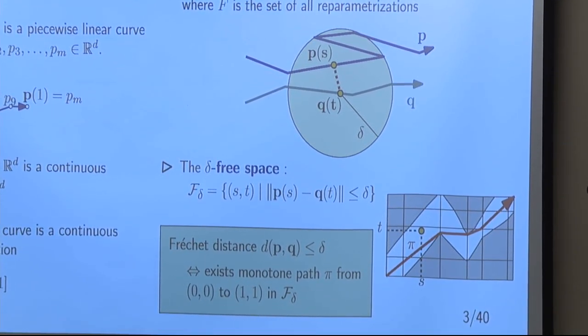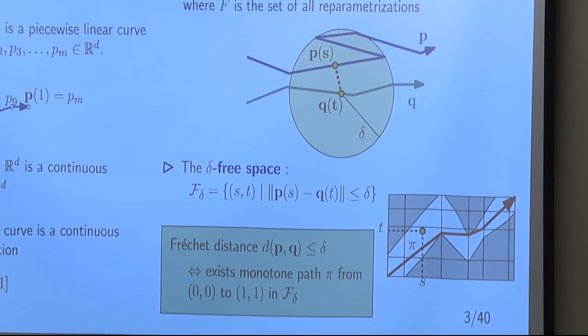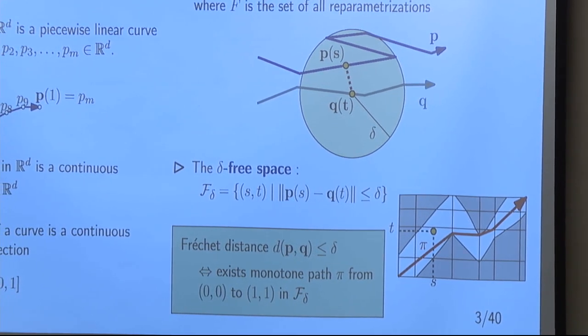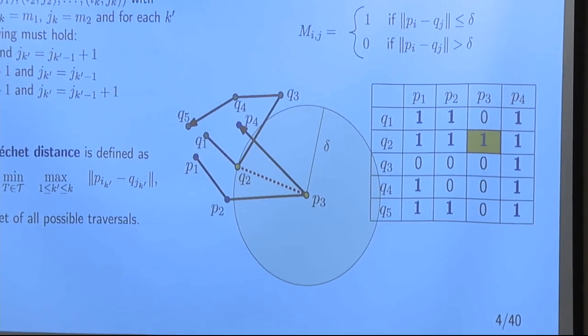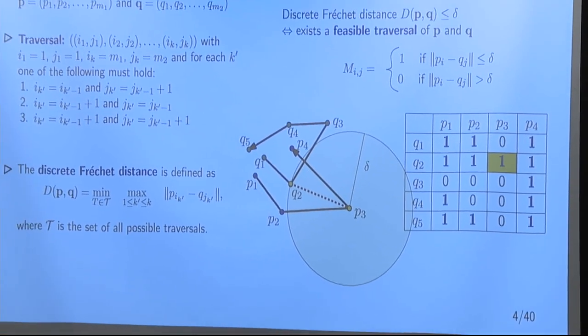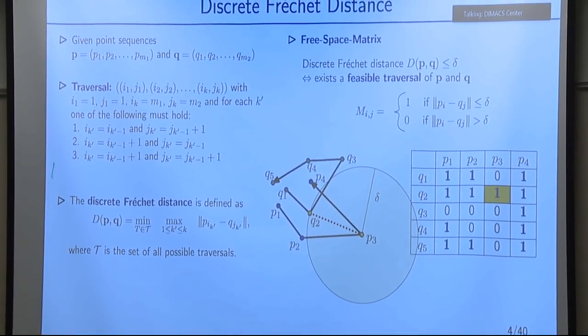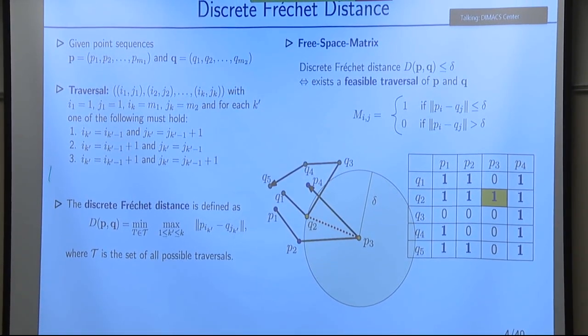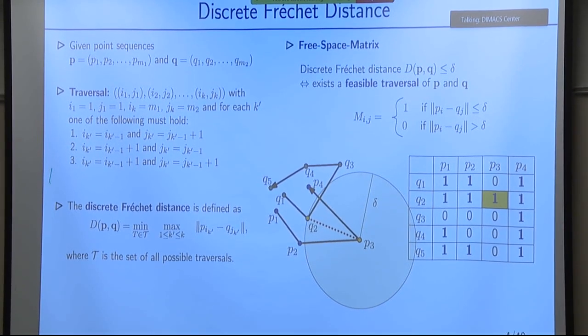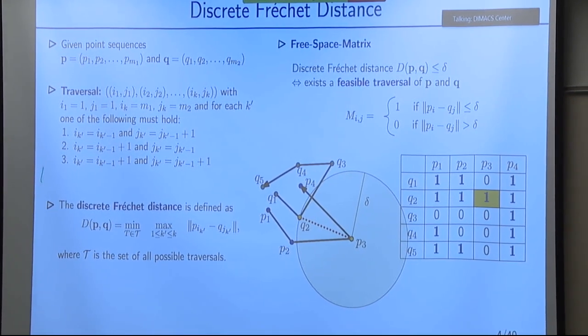A nice property of the Fréchet distance is that it's symmetric, and so it has metric properties, and so we can work with this. Another version that is often studied is the discrete version of the Fréchet distance. Let me explain it first from scratch, and then tell you what the connection between the two is.